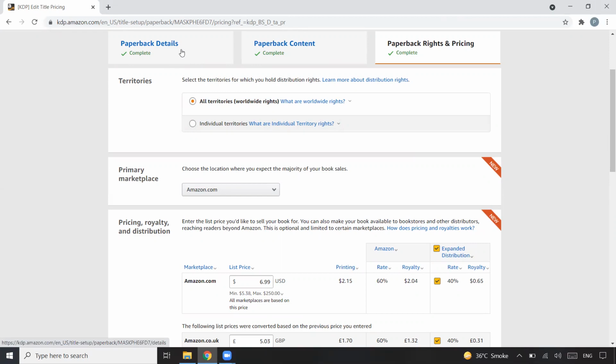Then comes the second step, paperback content, where you'll be uploading the content of your paperback book, and also the book cover and a few other details. And after that comes paperback rights and pricing, and the secret trick that I'm going to talk about for earning more money from KDP has to do with this third stage.